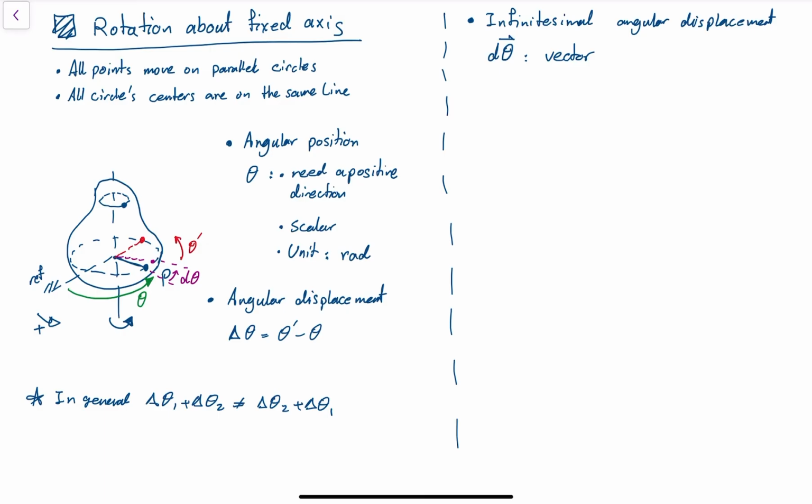Now it begs the question: magnitude and direction. What is this magnitude? Magnitude is the amount of angle, so d theta.